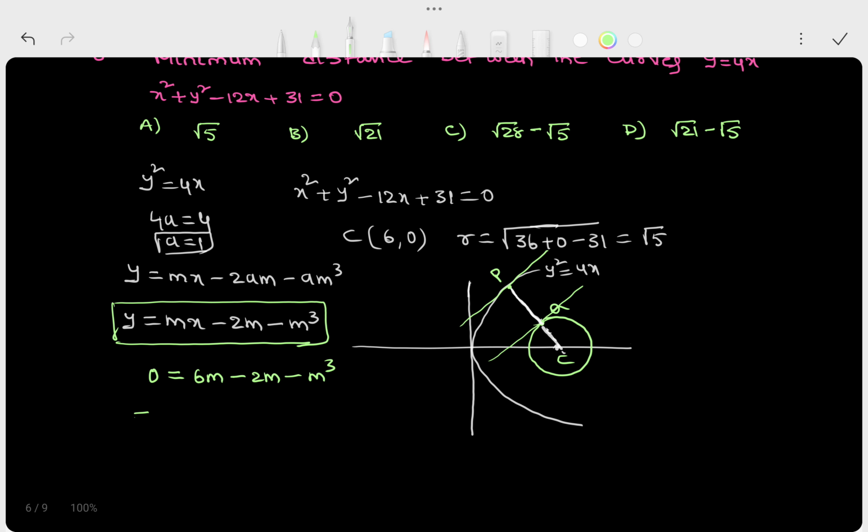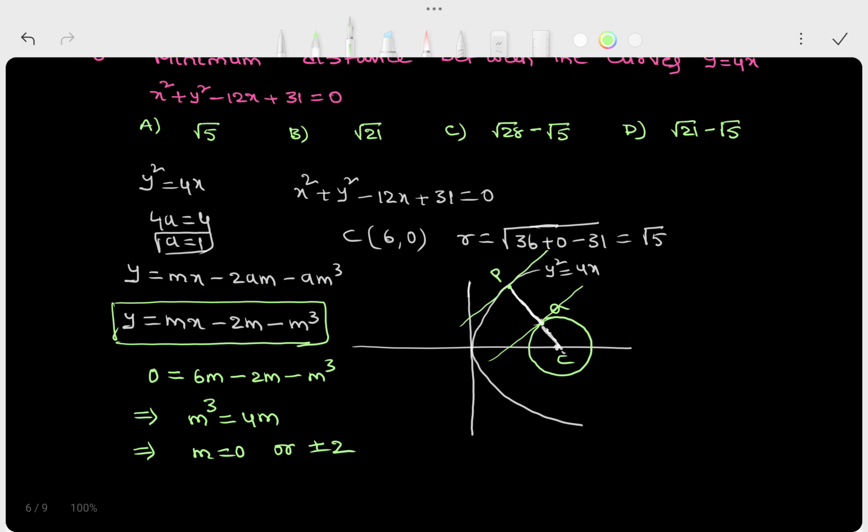So m cube is equals to 4m, and from this m is equals to 0 or plus or minus 2.